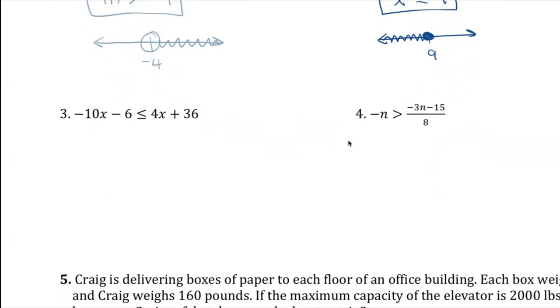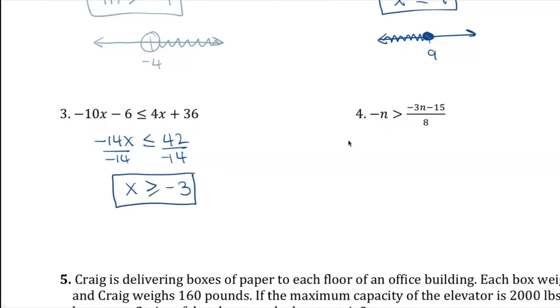Again, just like an equation, I'm going to get all my variables to the left. So I'm going to subtract 4x and add 6. That gets me this. And then I'm going to divide by -14 to isolate x. Because I'm dividing by a negative number, I need to flip that sign. So then here is my solution, and here is my graph.